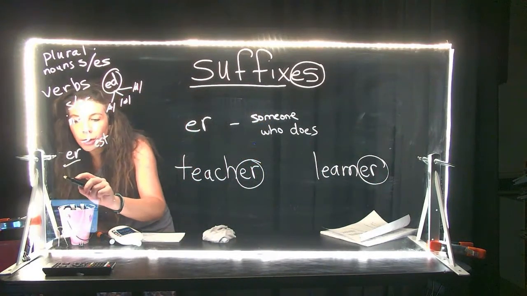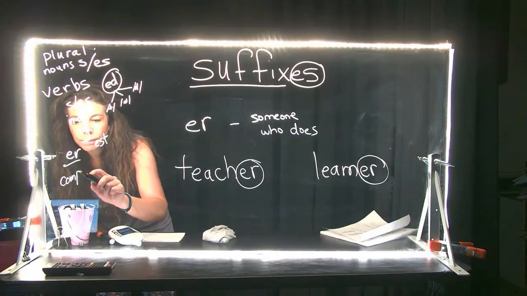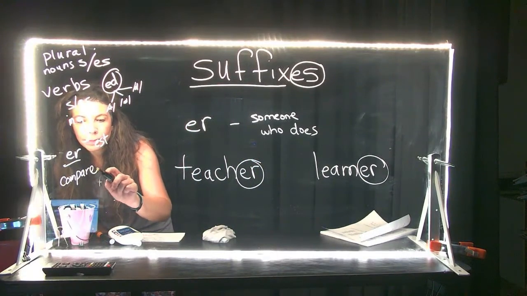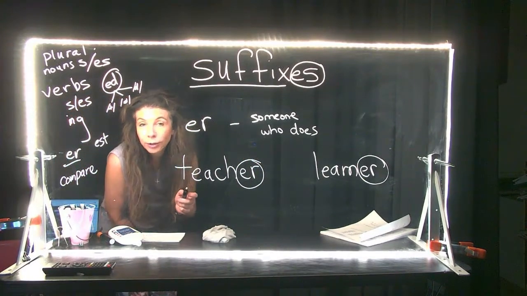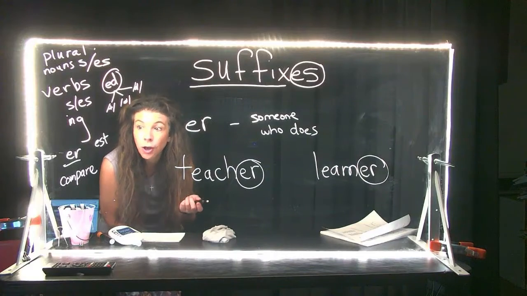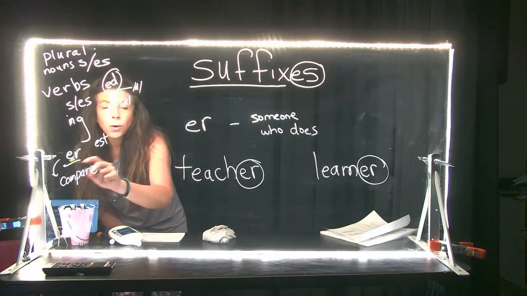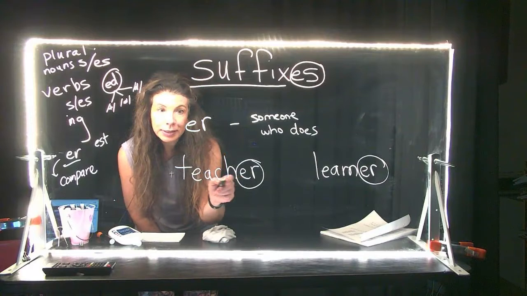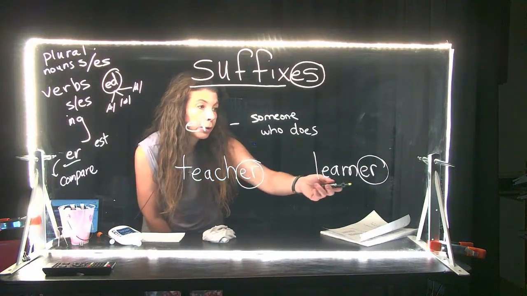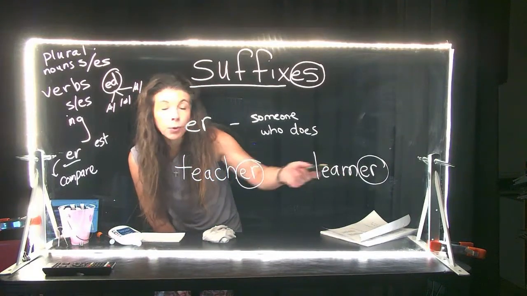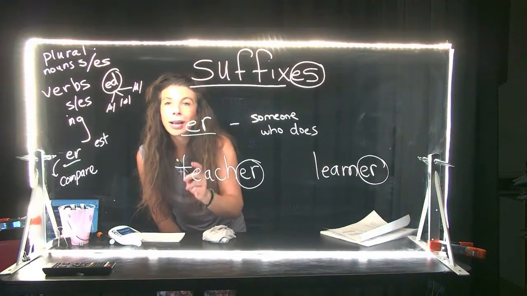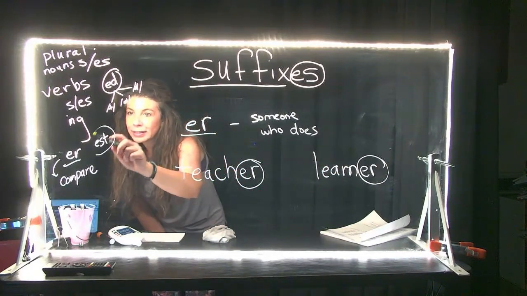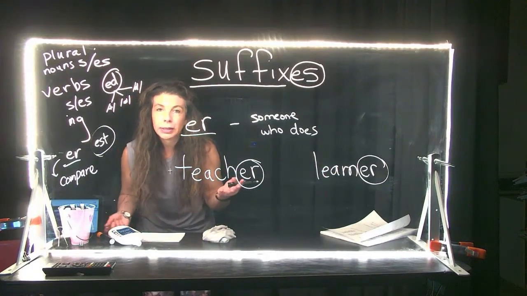One, the ER can compare. Tasty, tastier, high, higher, soft, softer. Or it can mean someone who does. Someone who teaches is a teacher. If you learn, you are a learner. So the ER has 2 functions. The EST just has one, making something the most.